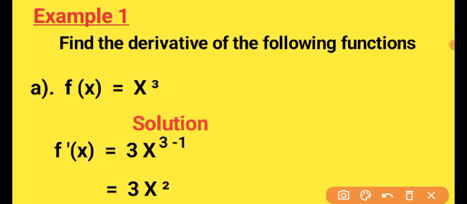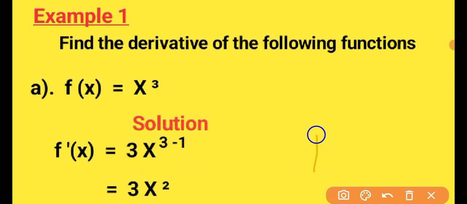So for the derivative, we do it the same way we have been doing with dy dx. We simply drop down the power and subtract the power by 1 to get the new power, as indicated here.